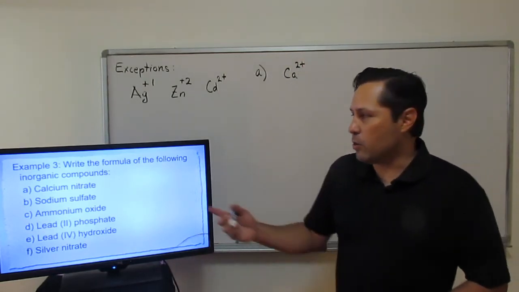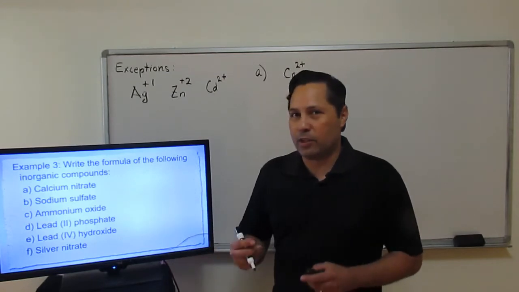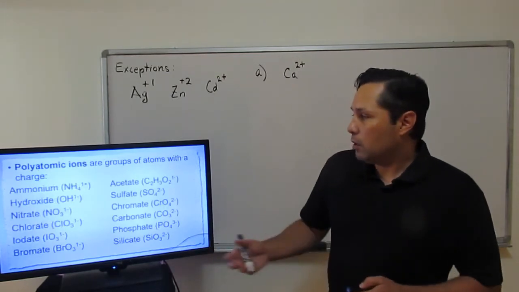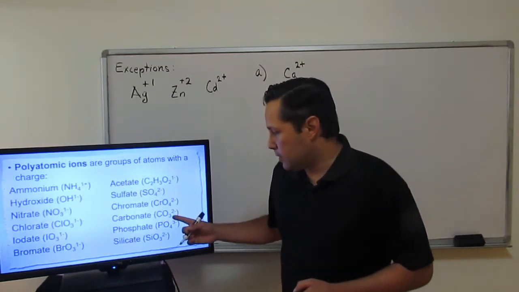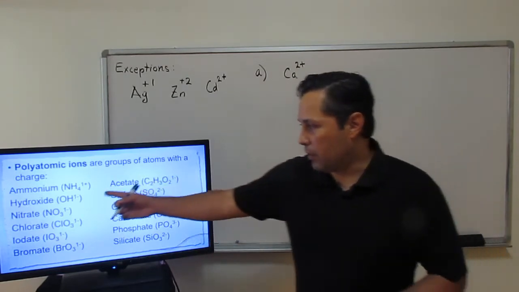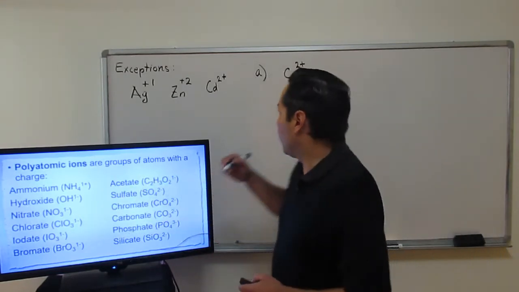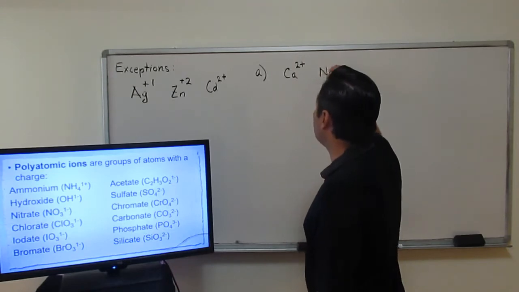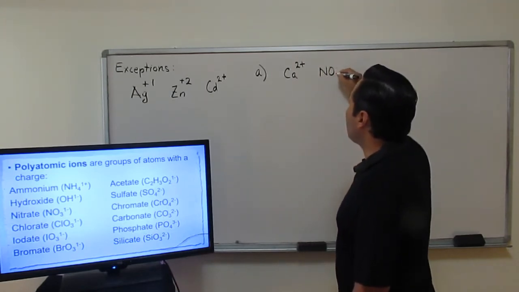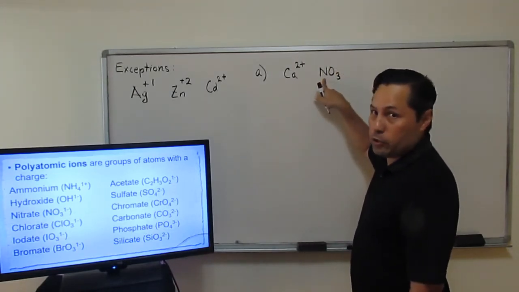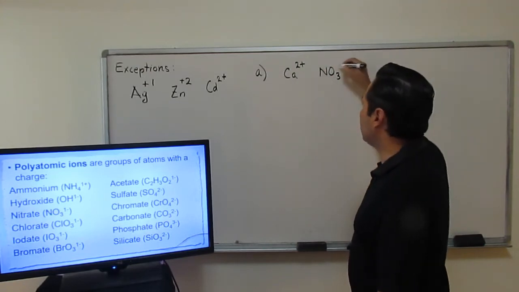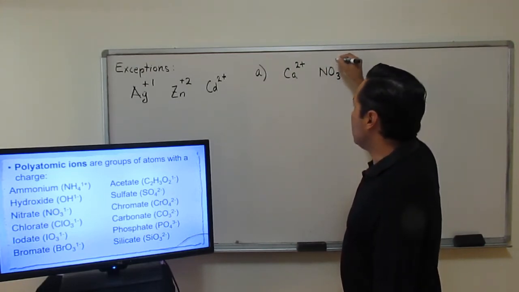And nitrate, notice that ATE ending tells you that it's a group. You look for it, and there it is, nitrate, NO3 with a negative charge. That means there's a nitrogen with 3 oxygens attached to it, and this whole group has a charge of -1.